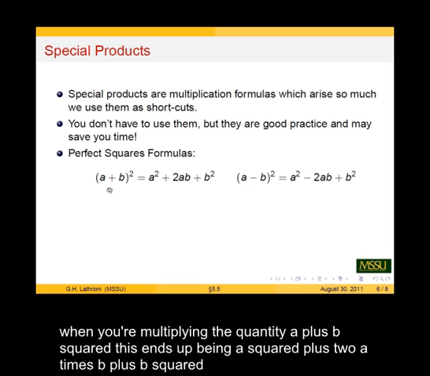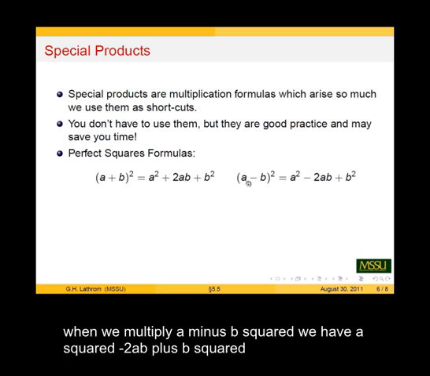When you're multiplying the quantity a plus b squared, that ends up being a squared plus 2 times ab plus b squared. When we multiply a minus b quantity squared, we have a squared minus 2ab plus b squared.